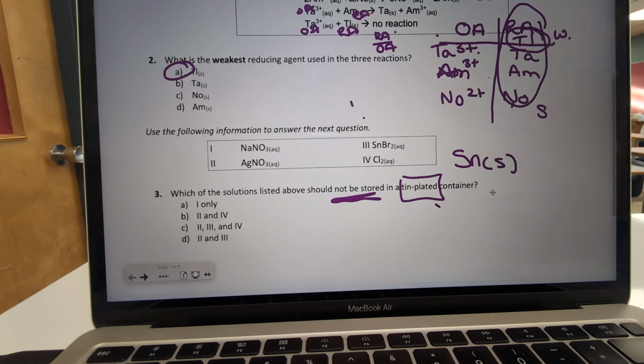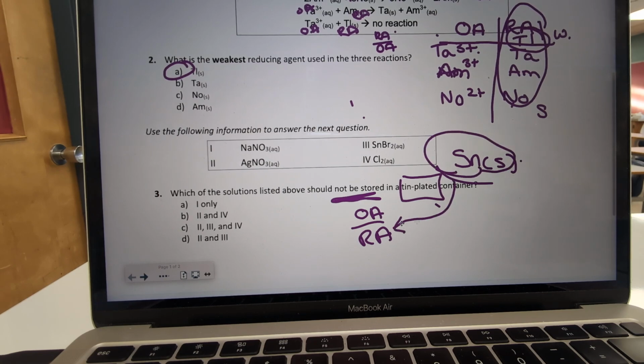If you're using it to store, you don't want it to react. So if it should not be stored, that means it would be reacting. So you're looking for an OA always higher up on the table than your RA. And tin would be your RA because it's on the right-hand side of page 7 in the data booklet.